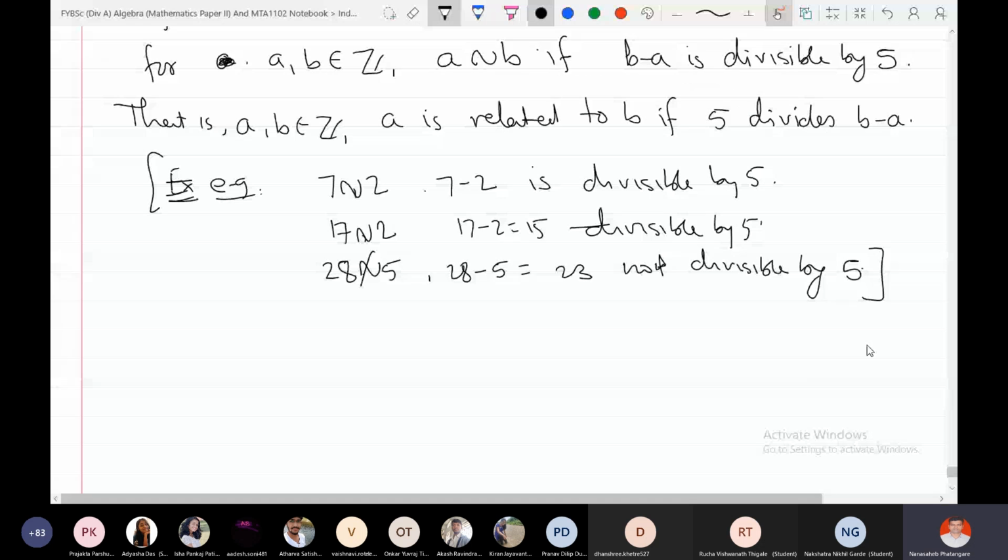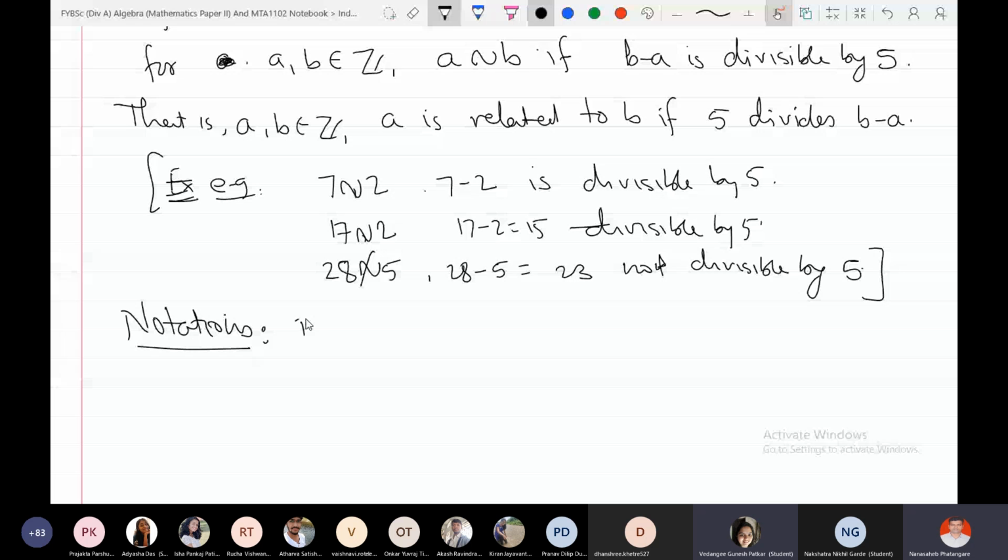So before going further, let me make our job easy. I will make some notations. Suppose m and n are integers.